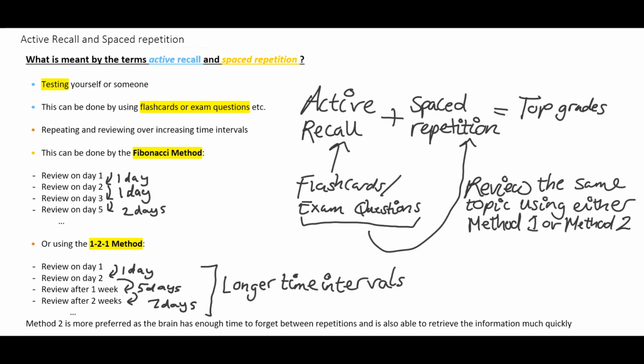So you revise the flashcard after 1 day, after day 2, after day 3, after day 5, and then you do exam questions on that same topic, which is also good because your synapses get even stronger. Your signals between your synapses get even stronger. So that's obviously a good thing. And then you're reviewing it using method 1, which is the Fibonacci method here, and then you can get the top grades.